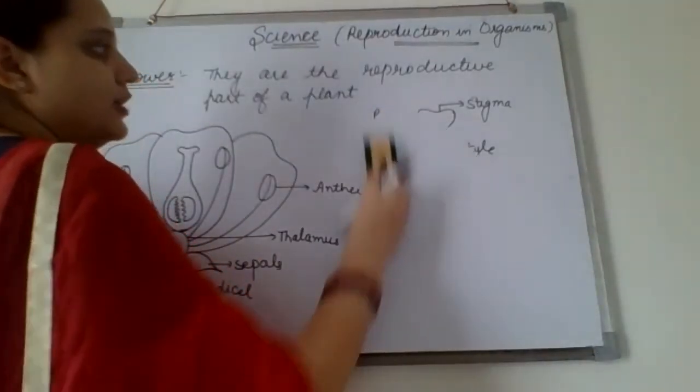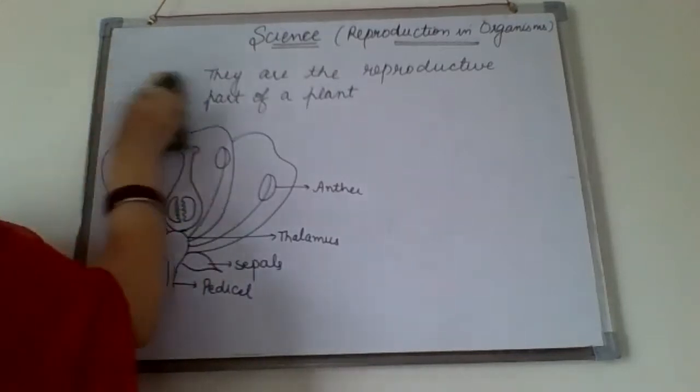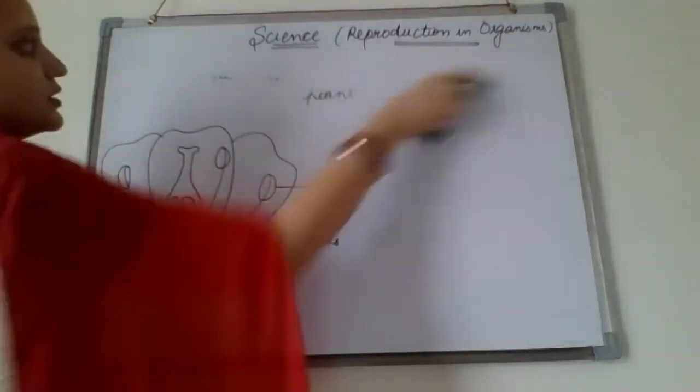But there are some flowers that only contain either the male part or the female part. So what are these flowers called? So let's discuss these flowers.